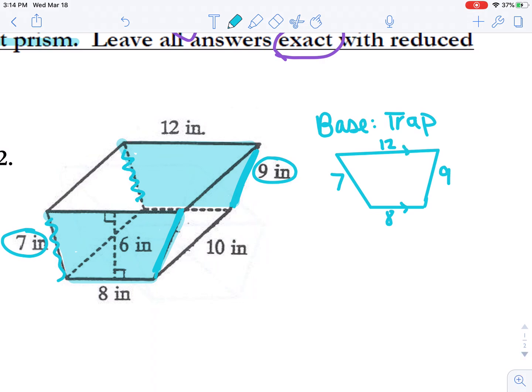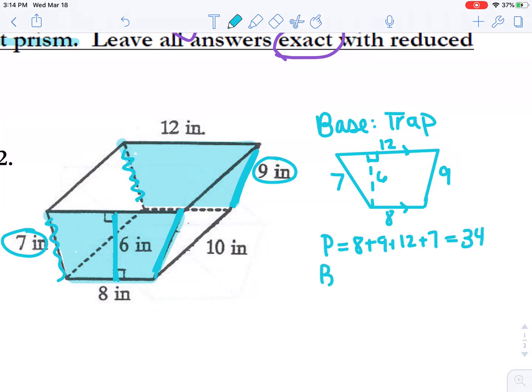And luckily for us, they gave us the height of the base. The height of the base is 6. So when we're calculating the perimeter, we're going to add up all the sides. So 8 plus 9 plus 12 plus 7. We're not going to add the 6 because we don't include the height in our perimeter. But our perimeter is 34.